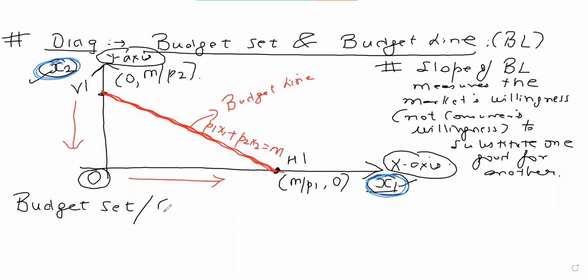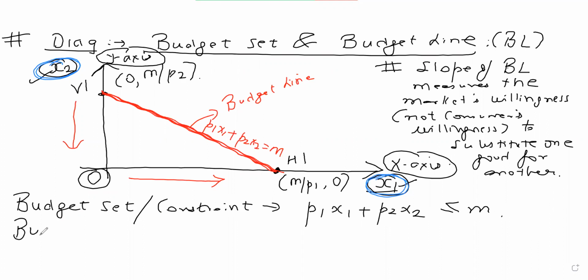Budget set or budget constraint equation was P1x1 plus P2x2 less than or equal to income. Whereas what was the equation of the budget line? Budget line equation was P1x1 plus P2x2 exactly equal to income.